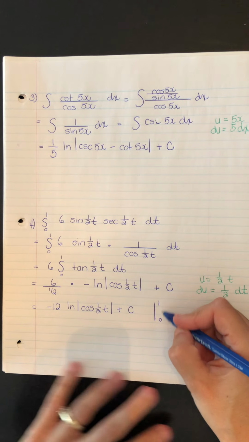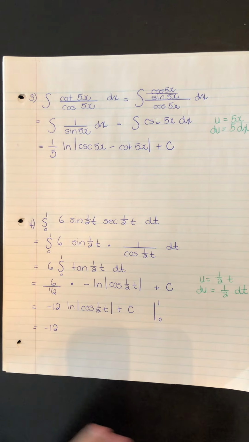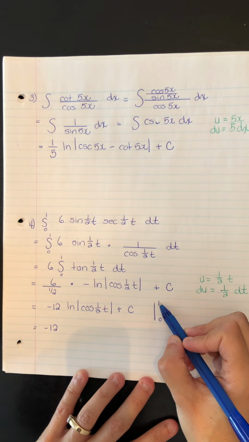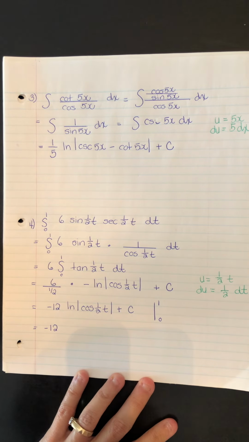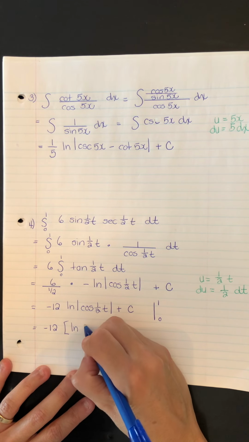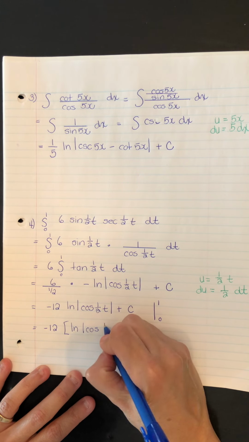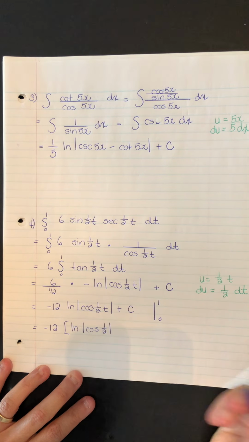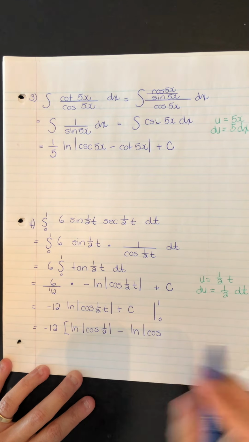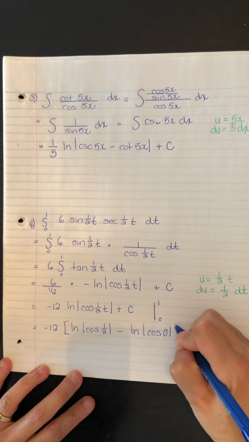Now what I'm going to do is leave that -12 out front, and then substitute 1 and 0 where the t is. So we'll have -12, and then the ln of the cosine of 1/2 times 1, which is just 1/2, minus the ln of the cosine of 1/2 times 0, and of course that's just 0.